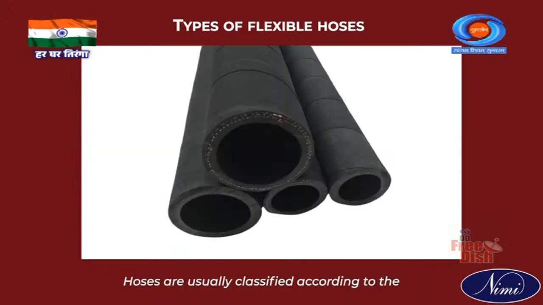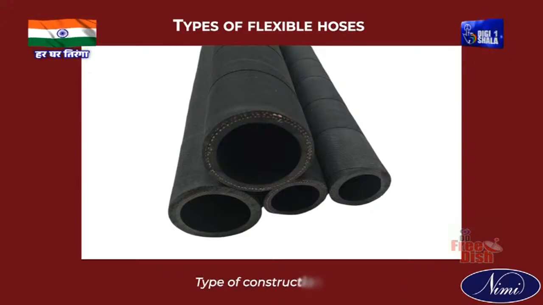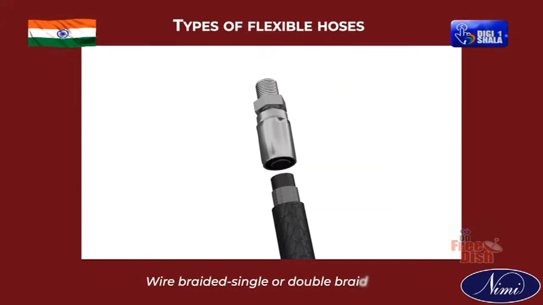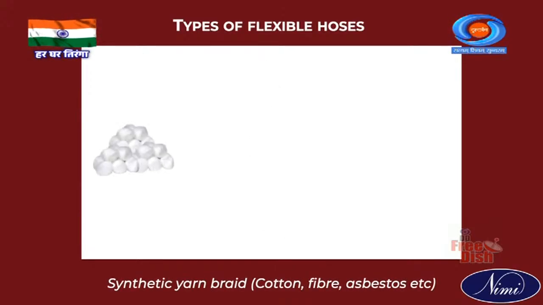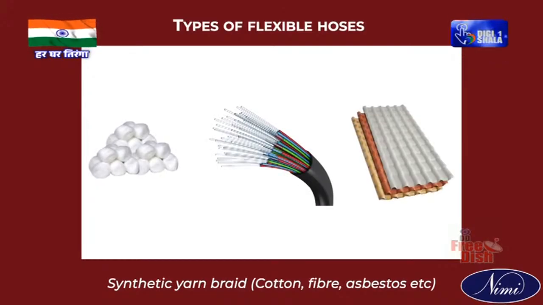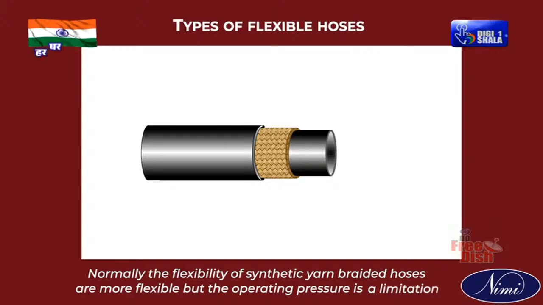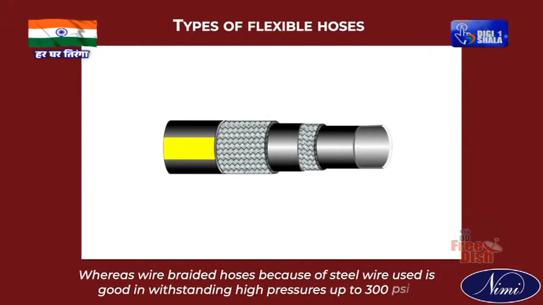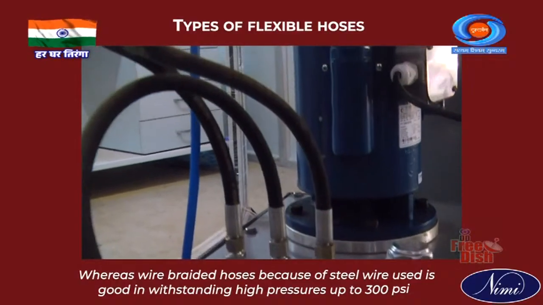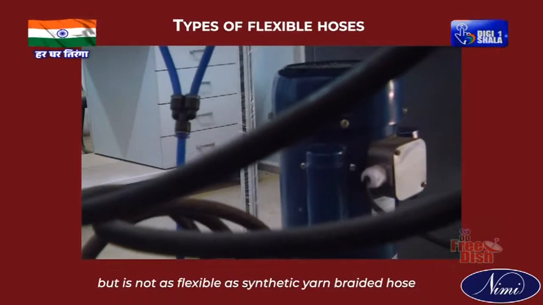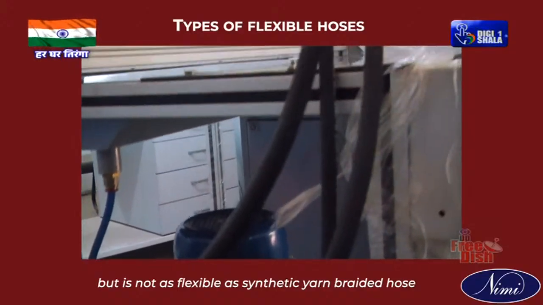Hoses are usually classified according to the type of construction: wire braided, single or double braid, synthetic yarn braid, cotton, fiber, asbestos, etc. Synthetic yarn braided hoses are more flexible, but the operating pressure is a limitation, whereas wire braided hoses, because of the steel wire used, are good at withstanding high pressures up to 300 psi, but are not as flexible as synthetic yarn braided hose.